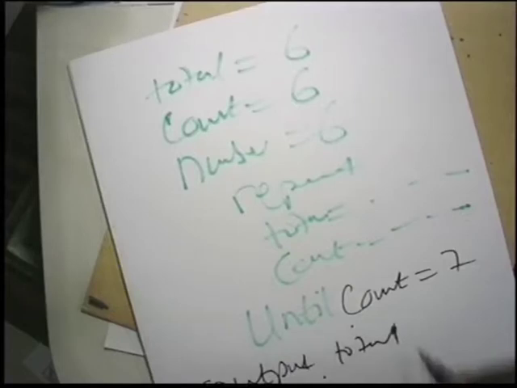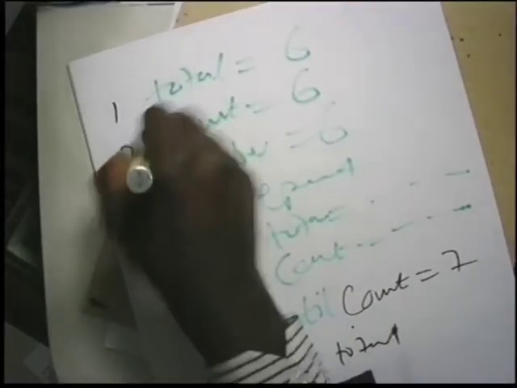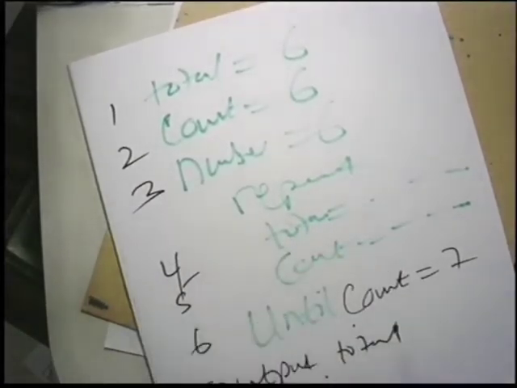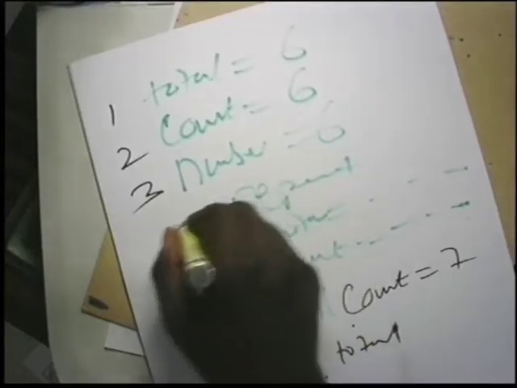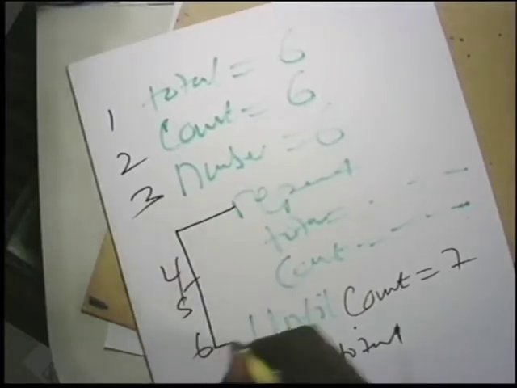So basically this is 1, 2, 3. This is 4. This is 5. This is 6. Can you see how you must number it now? Then you must sketch where your looping is. Your looping is always between repeat and until.